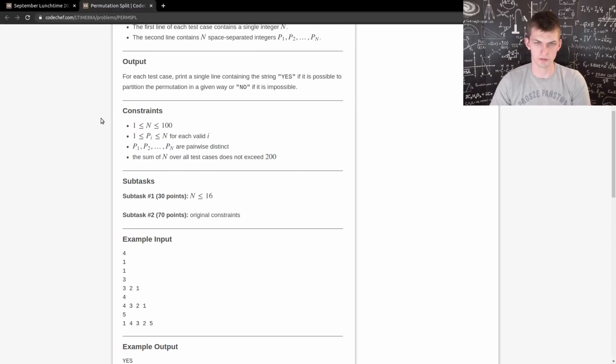Up to 100, so it might be dp of n and the number of inversions.